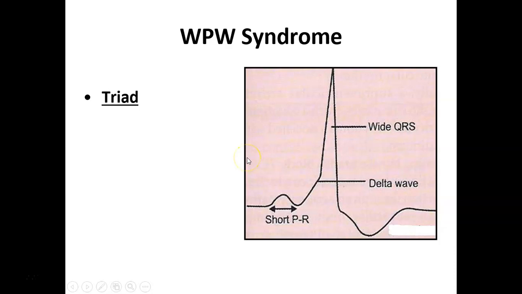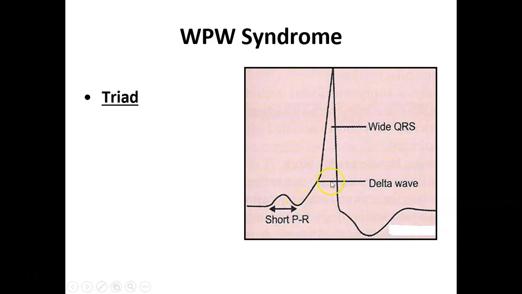Look at these three features of WPW syndrome, the triad of WPW syndrome. You will get a short PR interval because the impulse bypasses the AV node and reaches the ventricles early. That's why we get a very short PR interval. Then the impulse reaches the non-specialized tissue of the myocardium, that is the muscle of the myocardium.